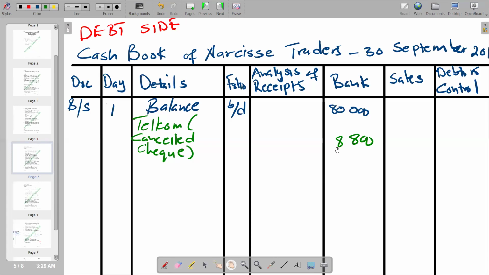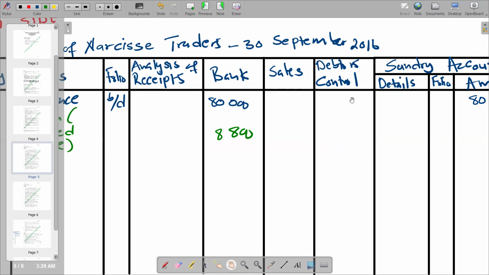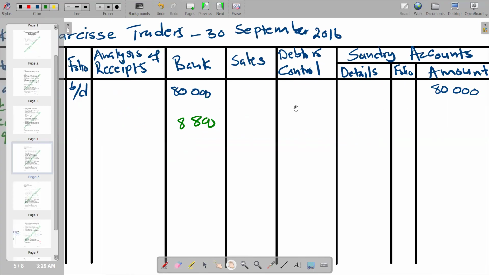Remember, this Telkom payment that has been done is for telephone. So we check if telephone qualifies in the columns for sales and data, and we see that it's not qualifying in the columns for our sales and data. So if it doesn't qualify, we have to put it under the column that we have for sundry accounts.